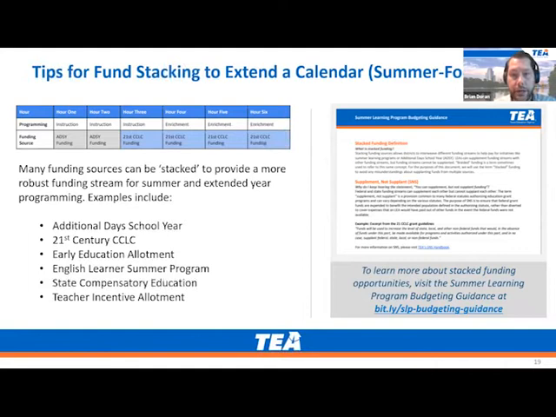This starts to get into the weeds around stacked funding. So I don't want to just dive into this guidebook right now, but do encourage you to take a look as you're thinking through your calendar redesign, what could be possible for SGS, and how to actually fund those programs.